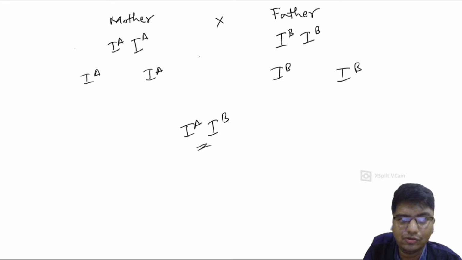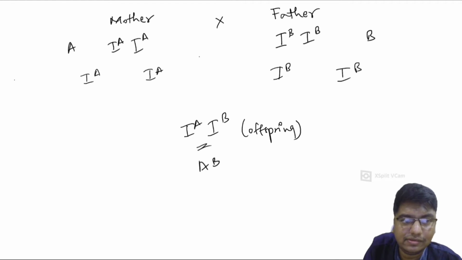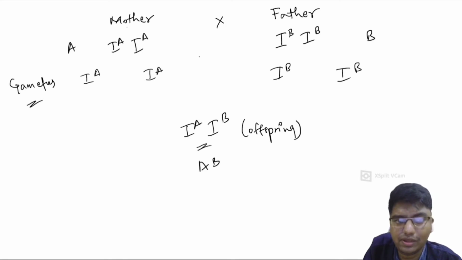I will write the phenotype also. This is the A blood group, this is the B blood group, and this offspring will be AB. These are the gametes. Now this was easy because both of the alleles were IA.